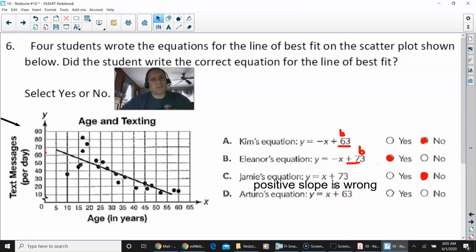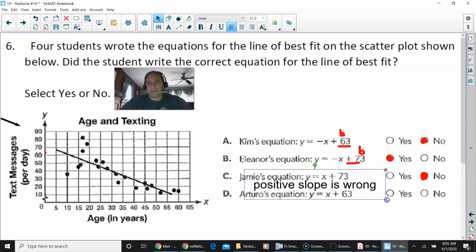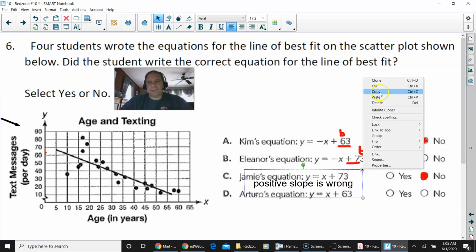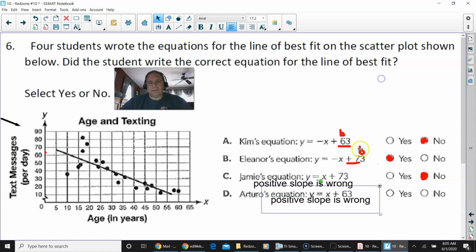What about Arturo's equation? Take a second, look at it. What's wrong about it? What's right about it? Is there anything right? Yes, Arturo's equation has a positive slope again.